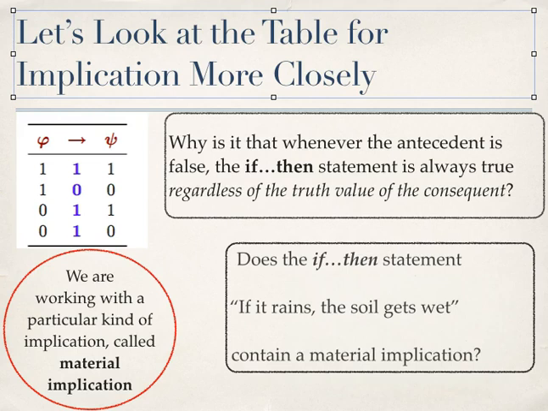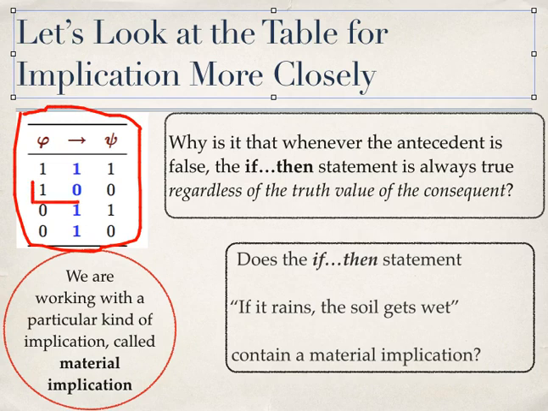Let's look at the truth table for the implication a little more closely. Here we have the truth table, and we see that the only situation in which the implication is false is the second case, when phi is true but psi is false.